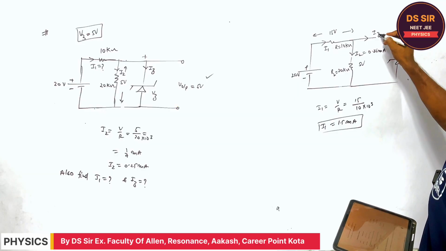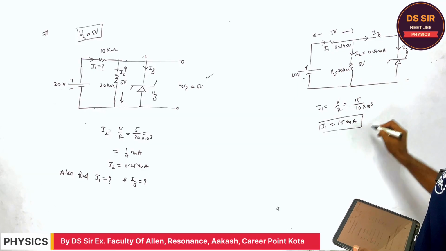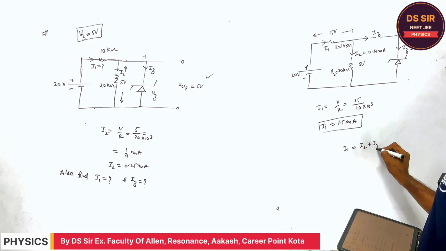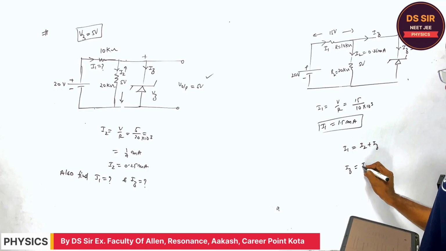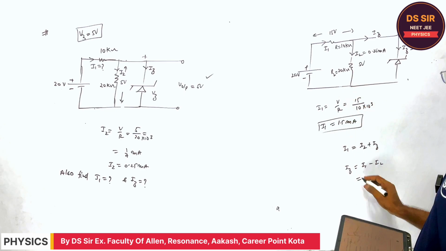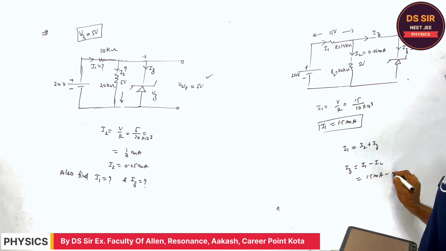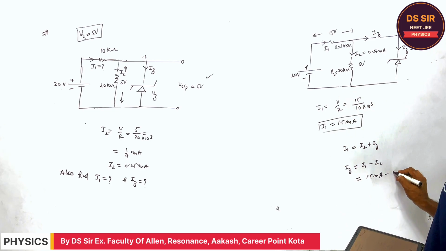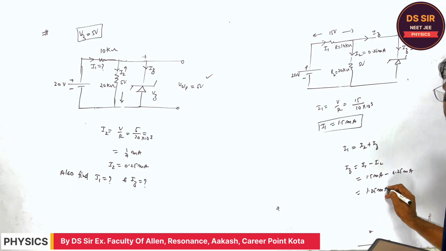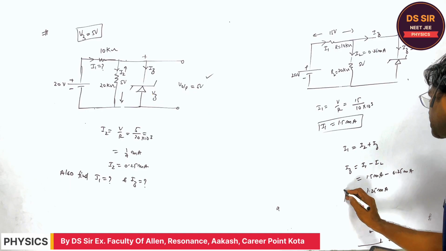I1 is equal to I2 plus IZ. So IZ is I1 minus I2. I1 is 1.5 milliampere. What is I2? 0.25 milliampere. So 1.25 milliampere is the IZ. Is it clear or not?